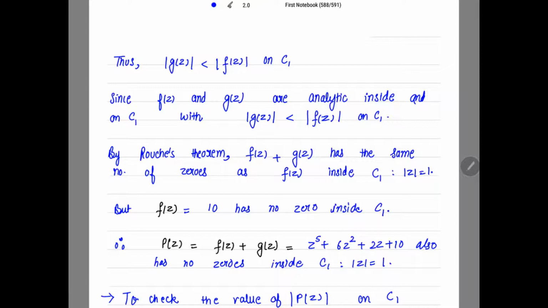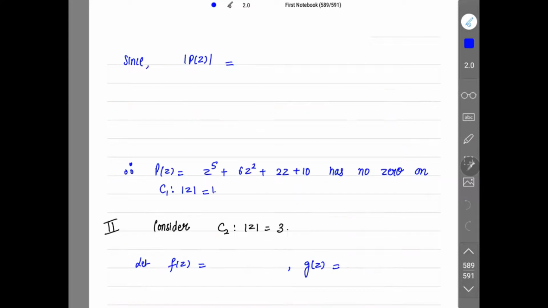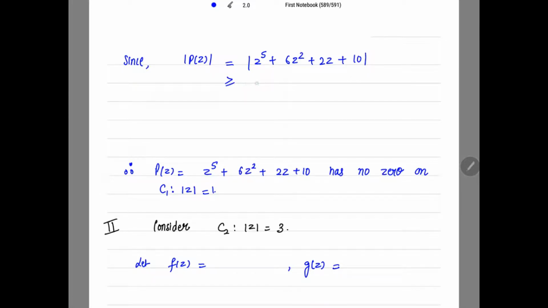So to check the value of |p(z)| on C1, we have |p(z)| = |z^5 + 6z^2 + 2z + 10|, which you can write as greater than or equal to, because |a + b| is always greater than or equal to |a| - |b|, right?